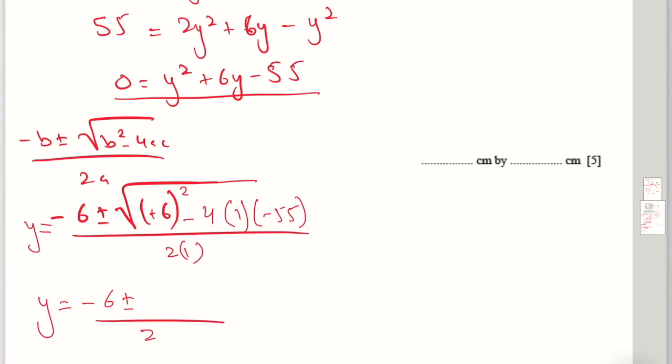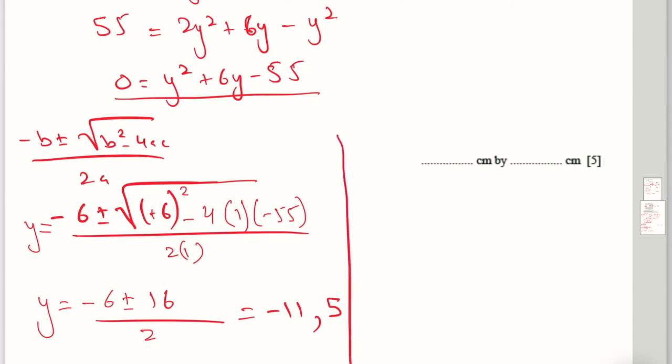Let's see what's in the under root sign. 6 times 6 is 36 minus 4 times negative 55 gives us 256. And under root 256 is 16. So the values of y that come out are negative 6 minus 16 divided by 2, which is negative 11, and negative 6 plus 16 divided by 2, which is 5. So these are the two values of y.